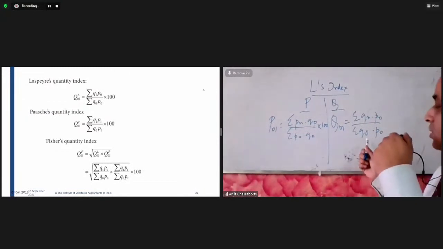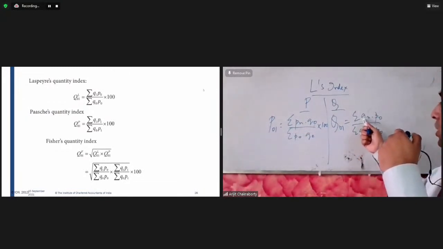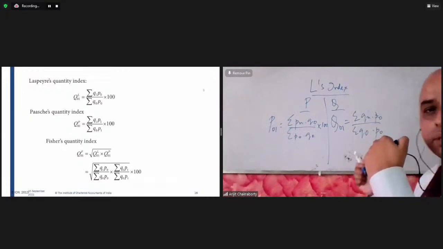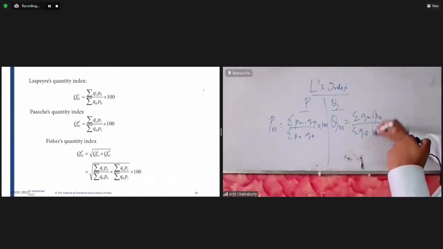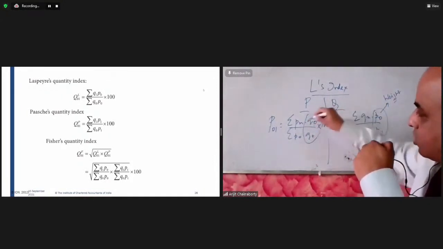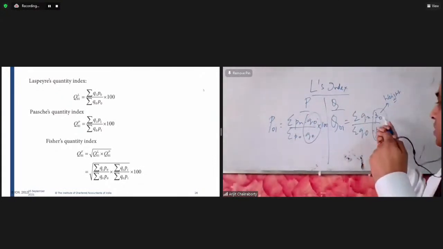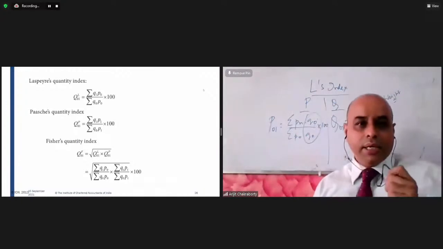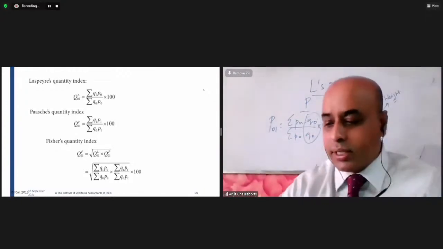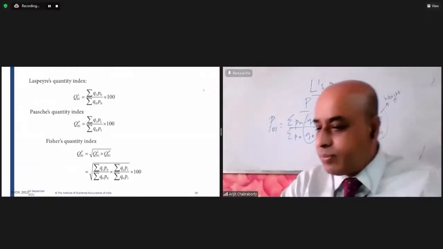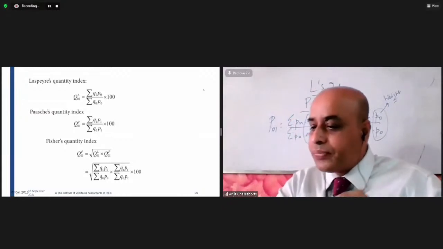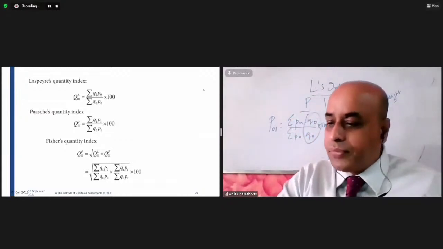Qn is the quantity of the current year, Q0 is the quantity of the base year, and P0 becomes the weight. Just as Q0 was the weight here, now it will be P0. That means the price of the base year will be used as the weight. So this is last period's quantity index. And similarly, we can calculate. Many of you got it right, 120. Okay.